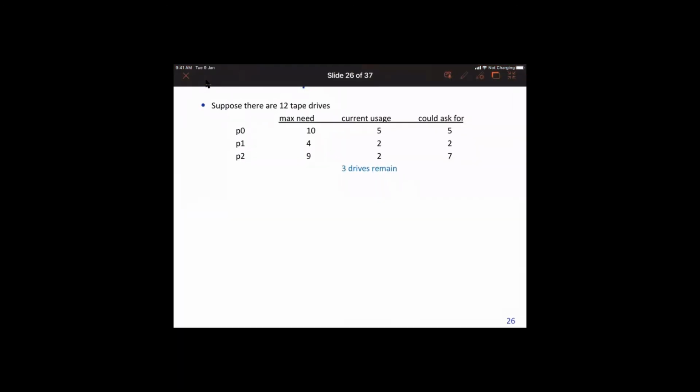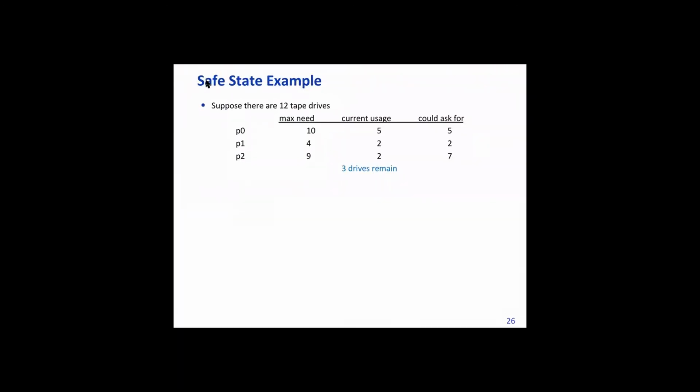Let's see. You mean to say the sequence was P1, P2, and P0. What will happen? So P1, you give 2, so remaining is 1, and then here we'll have 2 plus 2, 4. So it will do its job and release this 4.